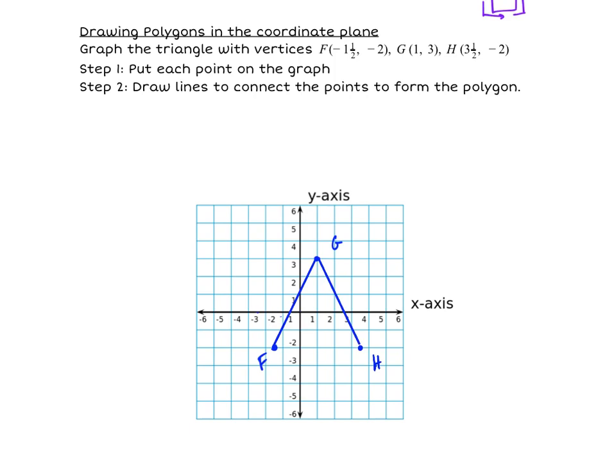Lots of different things you use for straight edges: the edge of your book, the edge of a piece of paper, a 3x5 card. Anything will work well for you. So there we go. There is a polygon with the vertices G, F, and H in those locations.